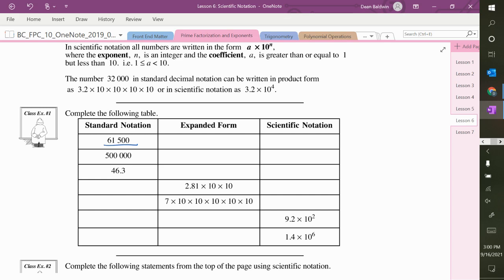Scientific notation is you go to the decimal spot. Even if they don't write a decimal, you kind of put one there. Okay. And then you're going to move that. So 1, 2, 3, 4 spots. Okay.